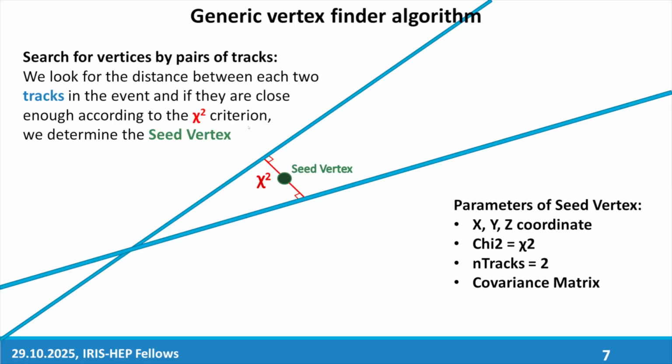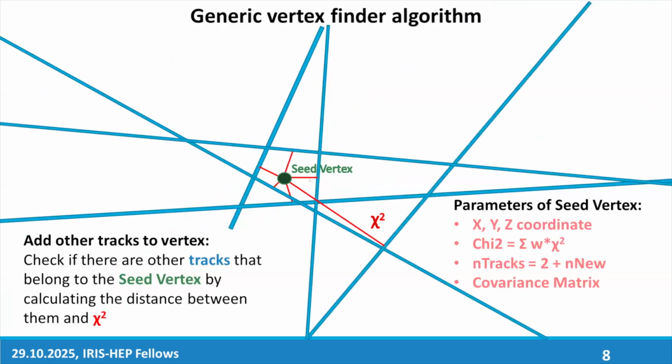If this is true, we build the seed vertex, and it has its own coordinates, the value of this chi-square, and the number of tracks, for now 2. We also calculate the error matrix, in the form of a covariance matrix.